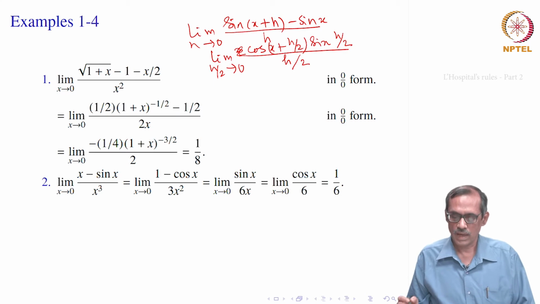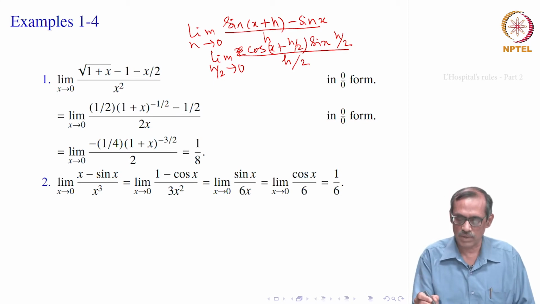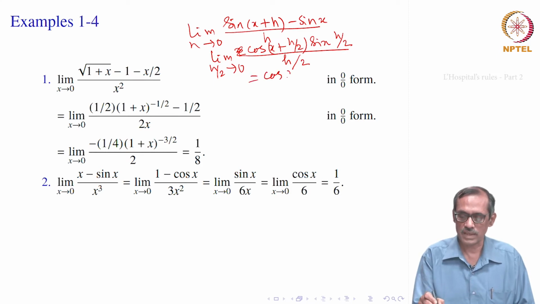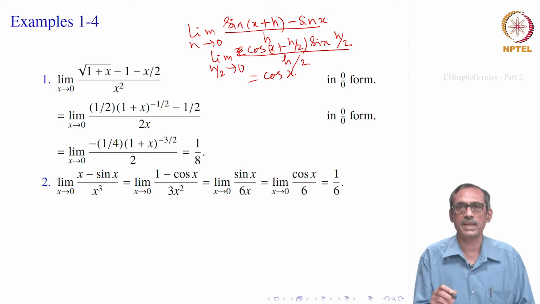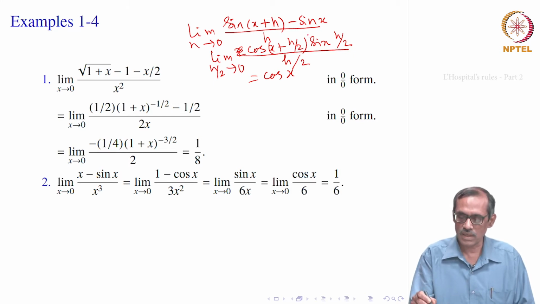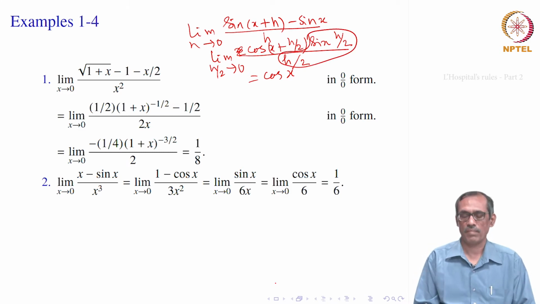Now, you see cosine of (x plus h by 2), as h goes to 0, gives you cosine x. And what about sin (h by 2) by (h by 2)? It is of the sin theta by theta form. That we had proved independently to be equal to 1. Therefore, this will give us cos x. So, that means in evaluating the derivative of sin x, we are using the limit of sin x by x as x goes to 0.